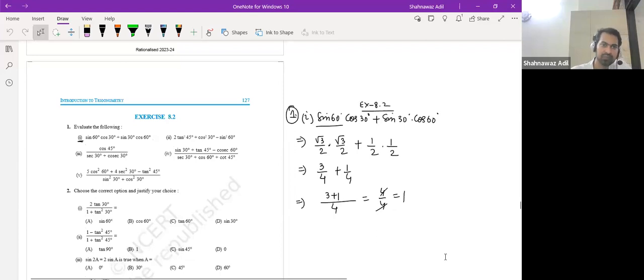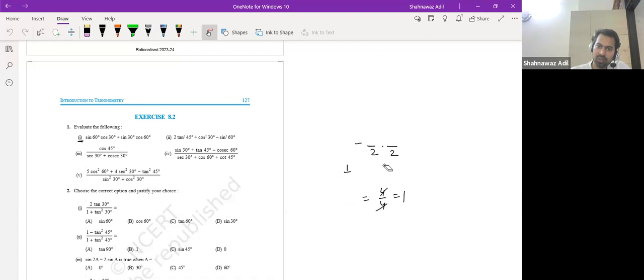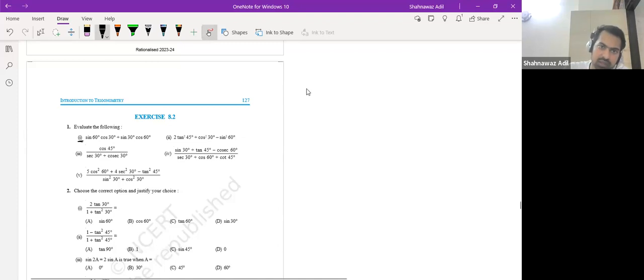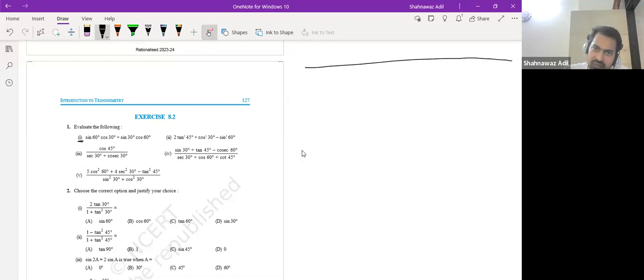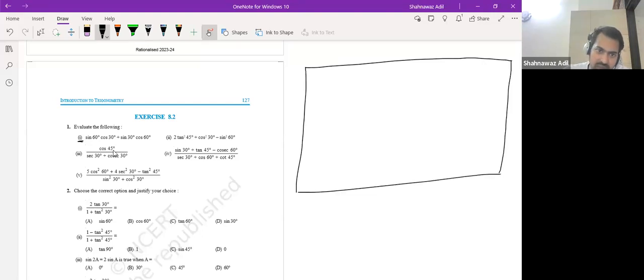In this exercise, you only have to remember one thing, the table. If you remember that, then all is easy. I will skip all these questions because you have to just put the values. So you guys practice all these questions.